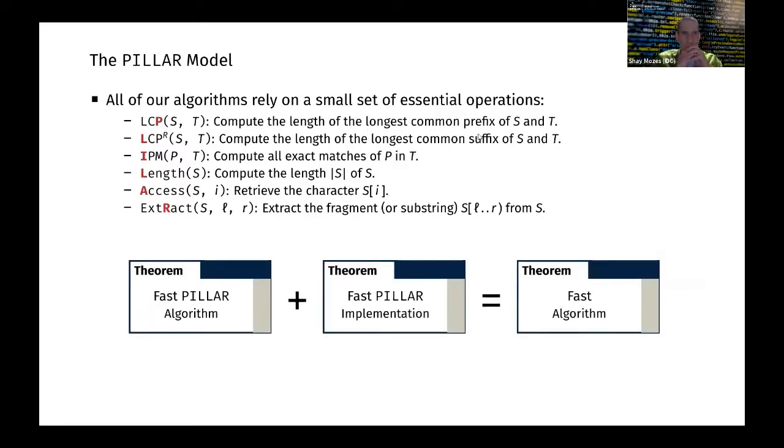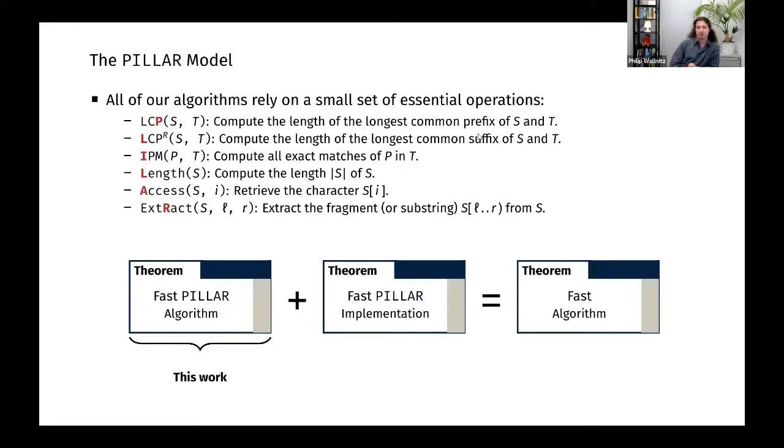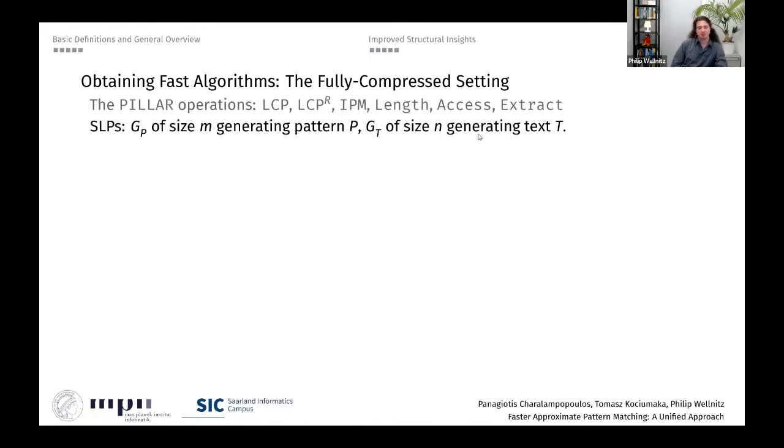Now how do we use this PILLAR model? First of all, in this work, we provide fast PILLAR model algorithms, algorithms only using these 6 basic operations. Then for various settings, by combining essentially known work, we can obtain fast implementations of all of these 6 operations. And then in total, we get fast algorithms. As an example, let me give you the detailed results for the fully compressed setting.